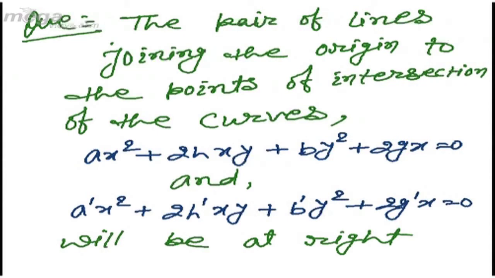Both are second degree equations, so if you eliminate the non-homogeneous terms of degree 1 and degree 0, the equation becomes homogeneous. So to get the homogeneous equation, we will eliminate these two, 2gx and 2g dash x.